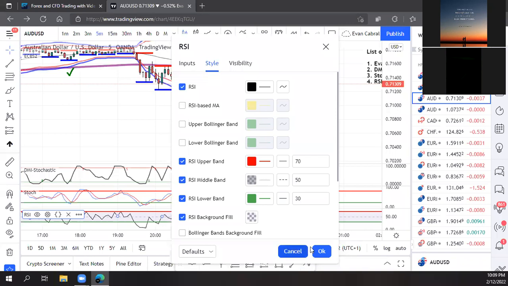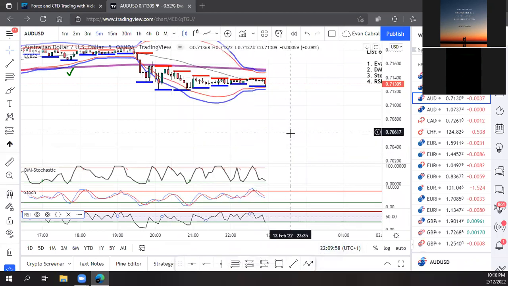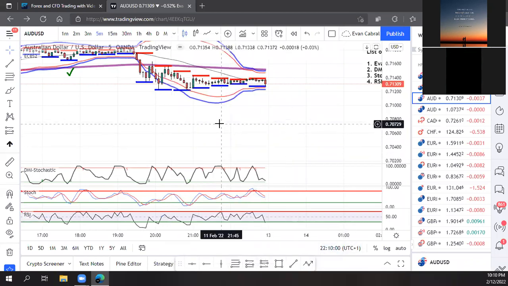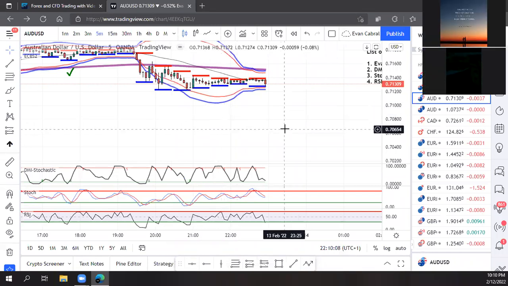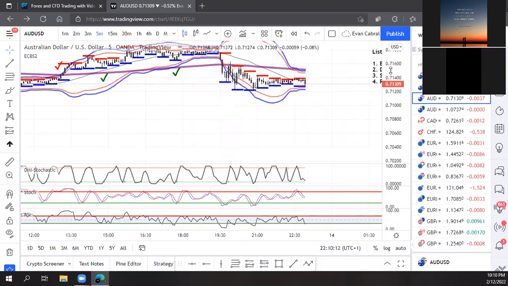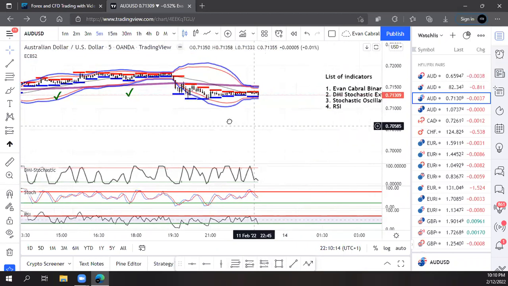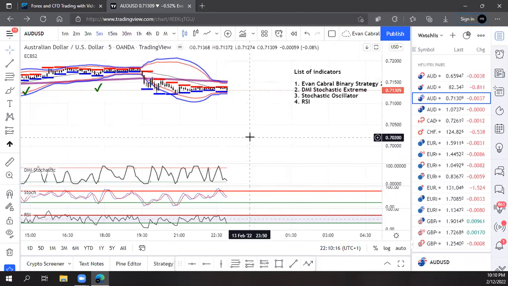Once I'm done having all these things, I'm just going to click on OK. So this is going to be our setup, our layout. This is everything we need to trade this strategy.